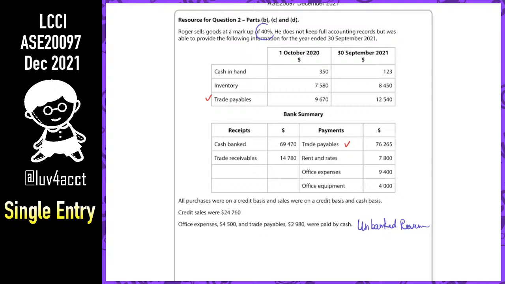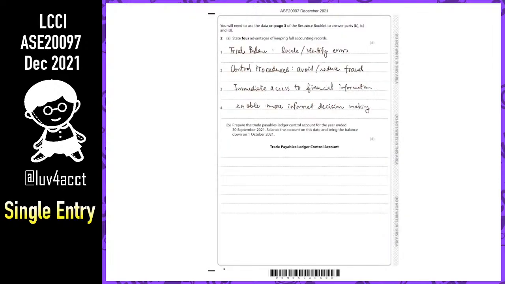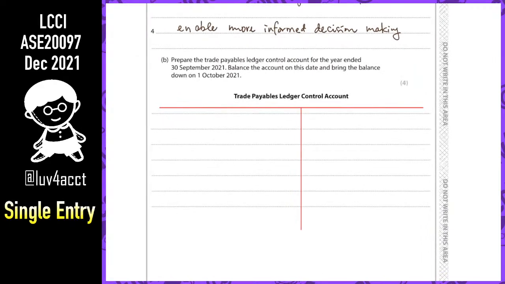Okay, so let me mark down the items first. 12540. Opening and closing balance first. Trade payables ledger control. Trade payables is on the credit side, so usually I would add it here on the credit side.